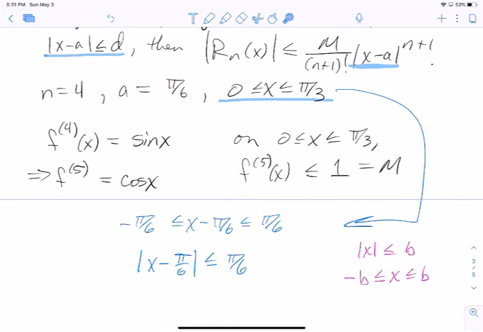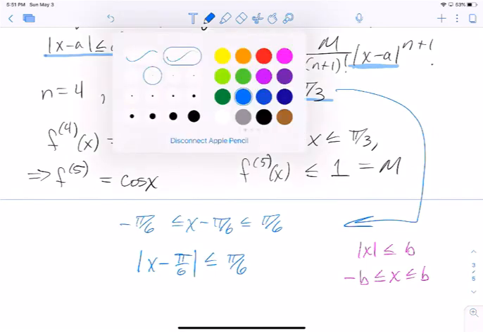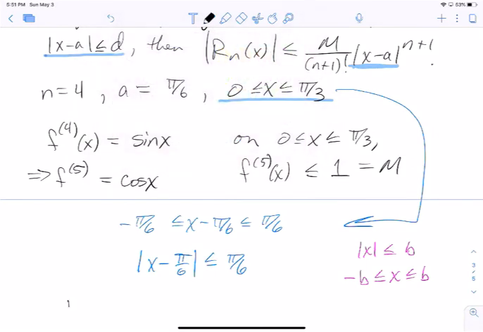Bottom line here, I now have a number that I can put in place of x minus a in Taylor's inequality. Putting this together, we can say that the absolute value of r sub n of x is less than or equal to 1, that was our m, over 5 factorial. I don't need to write it as r sub n of x, it should be r sub 4 of x.